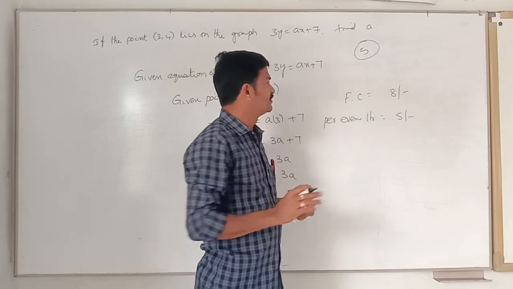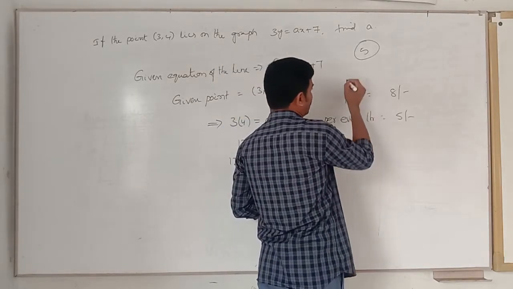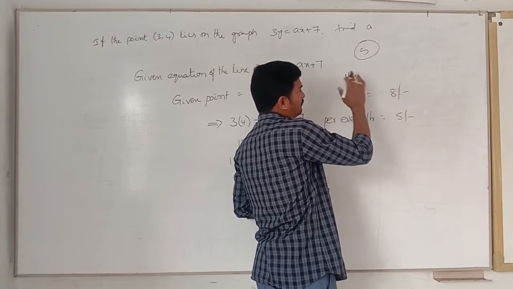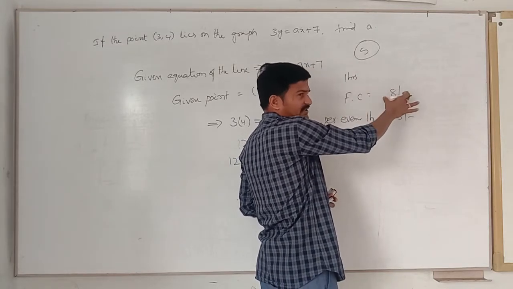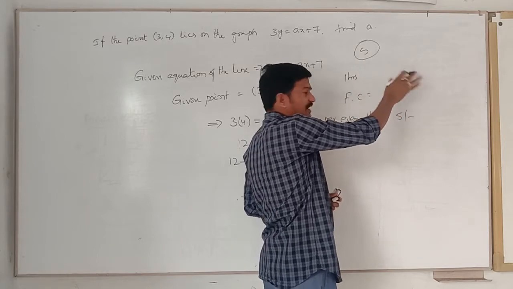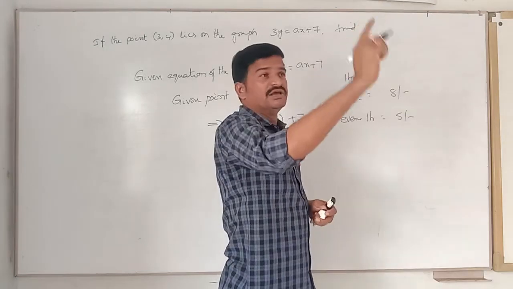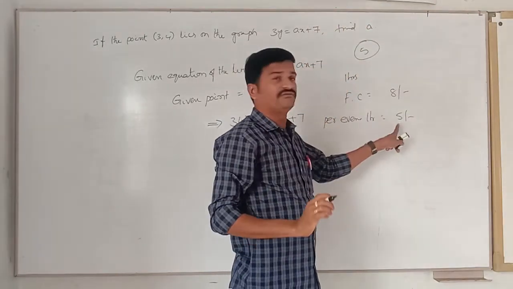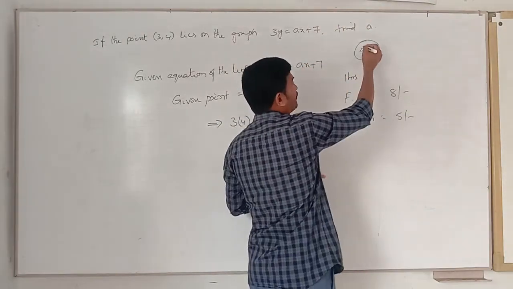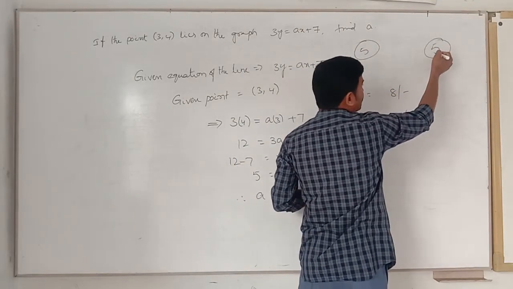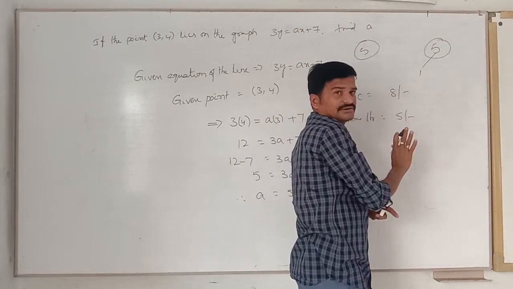See, for the first 1 hour, 8 rupees. For the next subsequent hours, each and every hour we have to pay 5 rupees. So, how many total hours have I traveled here? 5 hours. In that, the fixed 1 hour is common.